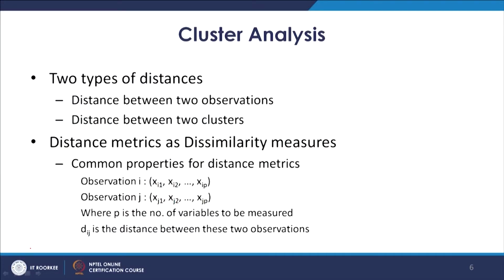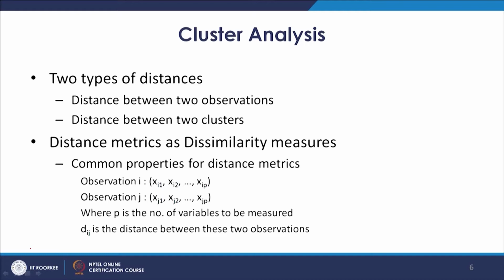First one, observation i having coordinates xi1, xi2 up to xip. Then observation j having coordinates xj1, xj2 up to xjp, where p is the number of variables measured. So, p is akin to the number of predictors in our supervised learning techniques.